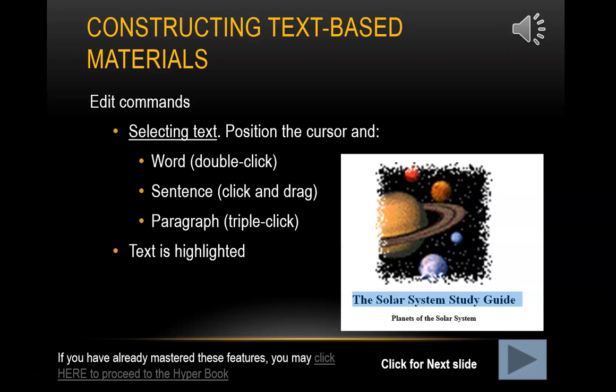All right, now that we have selected the text, let's take a look at some of the text appearance commands that are available in Microsoft Word that can help us produce a good text-based resource for our online course.